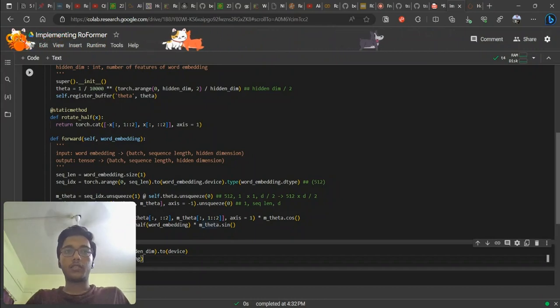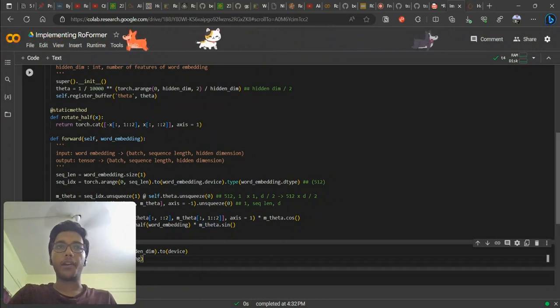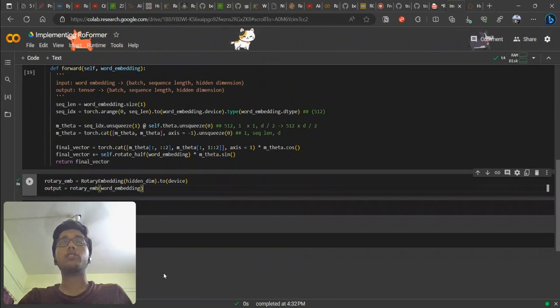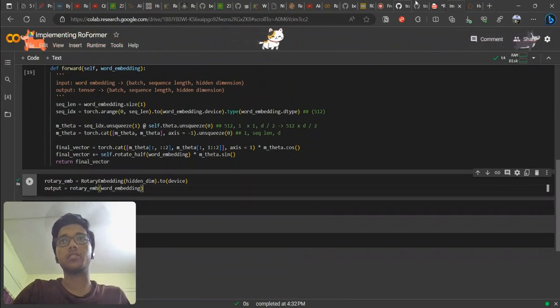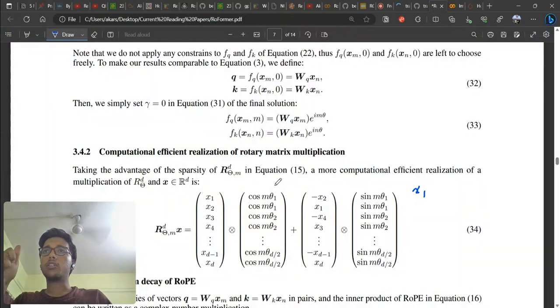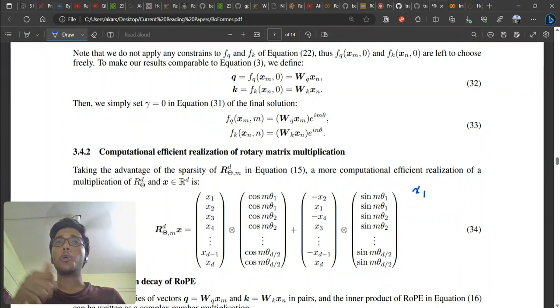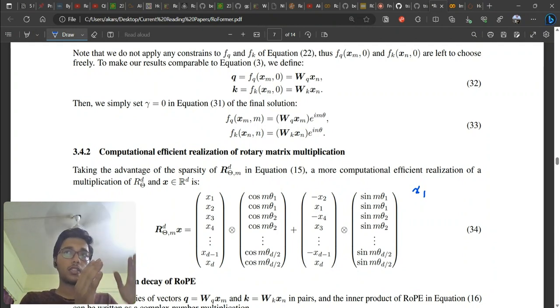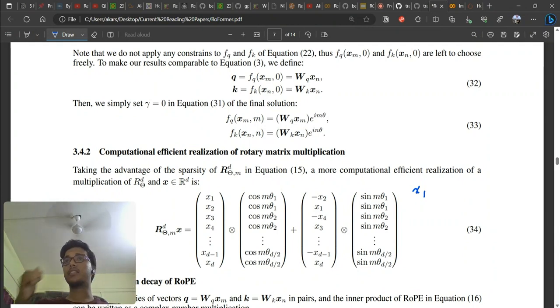One other thing is that, since we have currently implemented it this way, I've seen some other implementations as well. Actually, one and two are not the indexes one and two here. It can be anything. What I mean is you can club the first sequence index, number zero, with index number d by two as well.